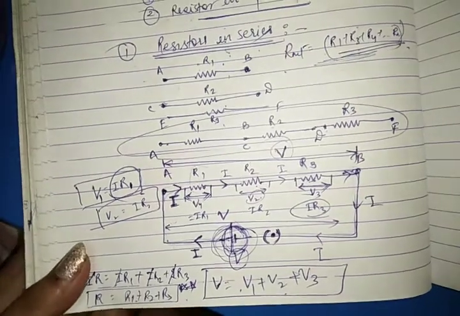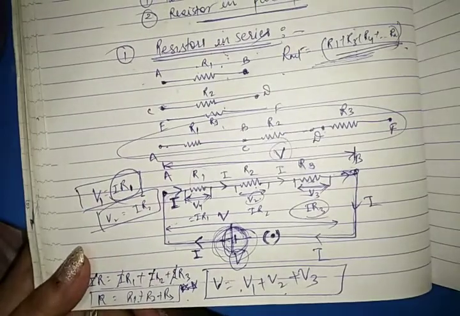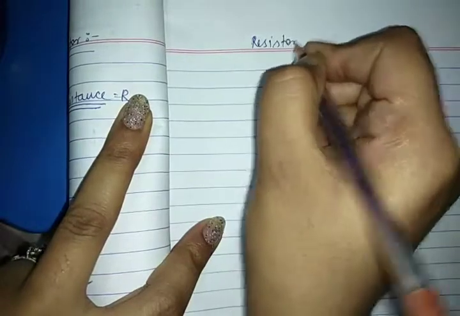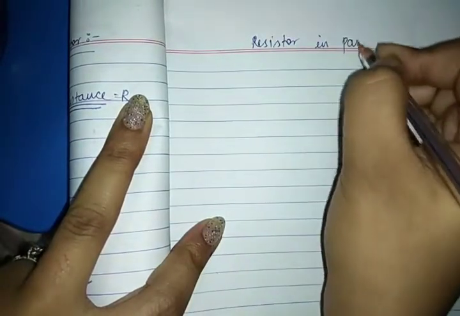So what if resistors are connected in parallel? What does that mean?